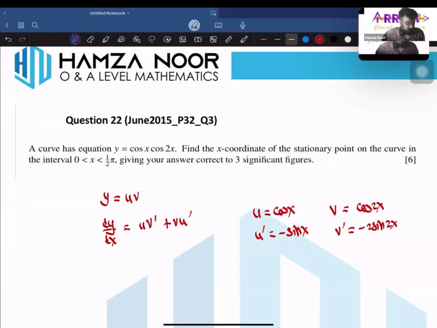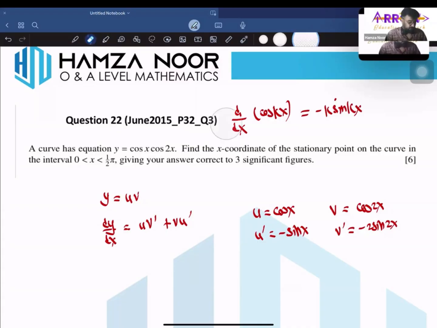You should know that when you differentiate cos kx with respect to x, you get minus k multiplied by sin kx. So it's important to be well versed with all of these forms before attempting the past paper questions. This was just a basic concept.